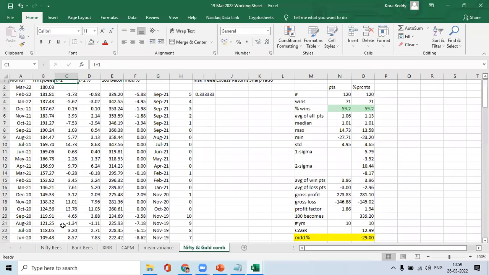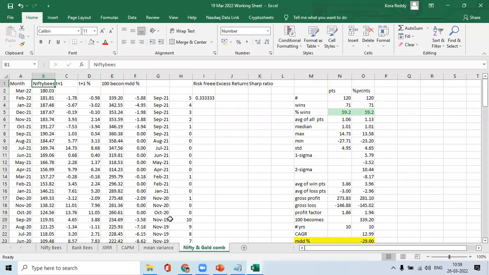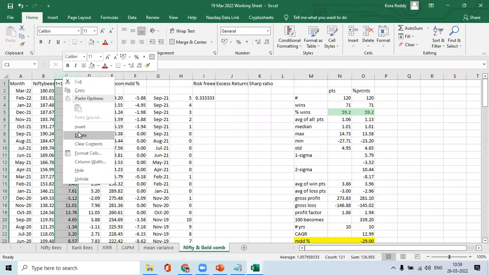The Nifty and gold combination is, we don't want all this. We want only the percentages, right? Delete.